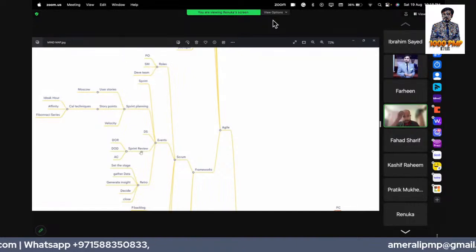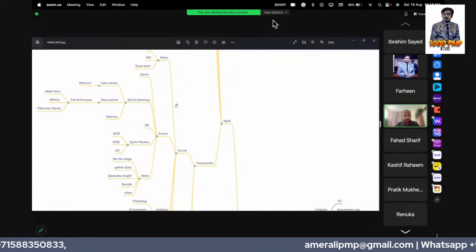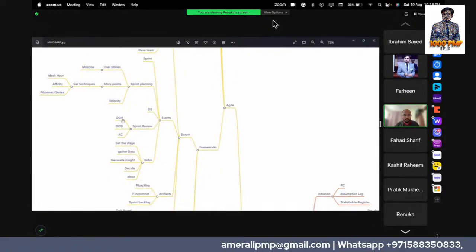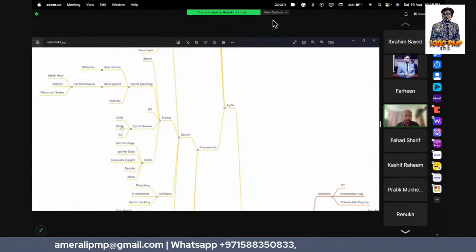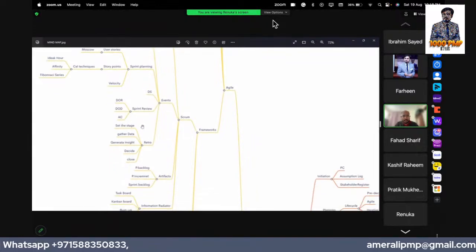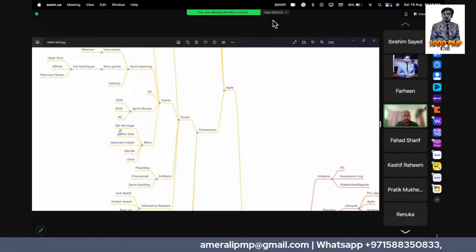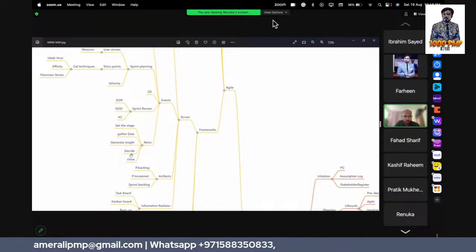And then in events, for sprint review, we have 3 criteria: DOR, DOD (definition of done), and acceptance criteria, AC. In sprint retrospective, we have 5 stages: set the stage, gather data, generate insight, decide, and close.